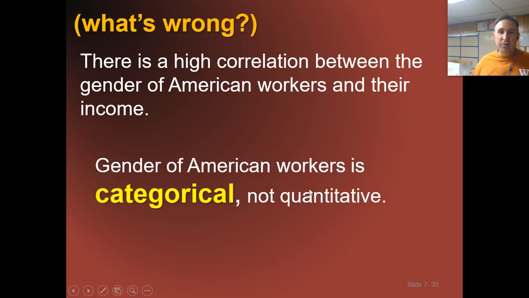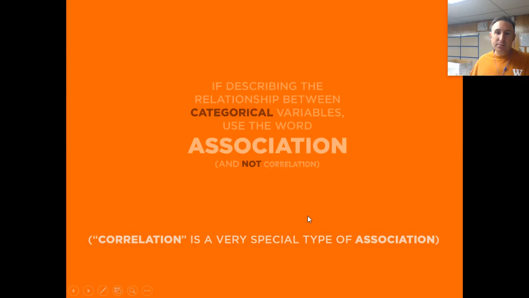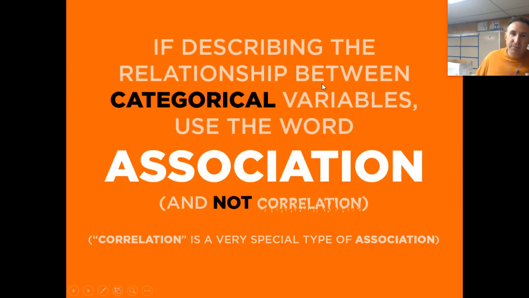Gender is not a numerical set of data. It's categorical. So we could do one of those segmented bar graphs, and we can look at the categories of those things, but we can't look at a scatter plot. If describing the relationship between categorical variables, use the word association and not correlation.